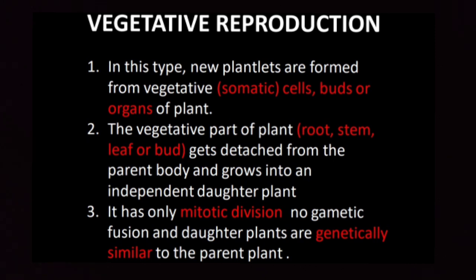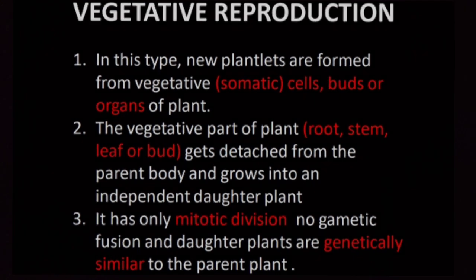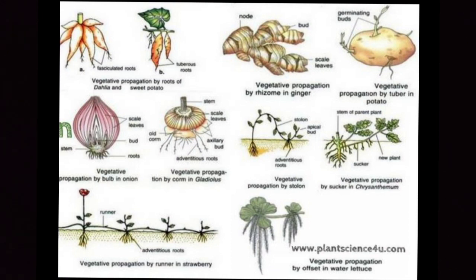Of the four parts of the flower, androecium and gynoecium are essential organs, and calyx and corolla are non-essential organs. In the non-essential parts, calyx and corolla: first one protects the flower bud.